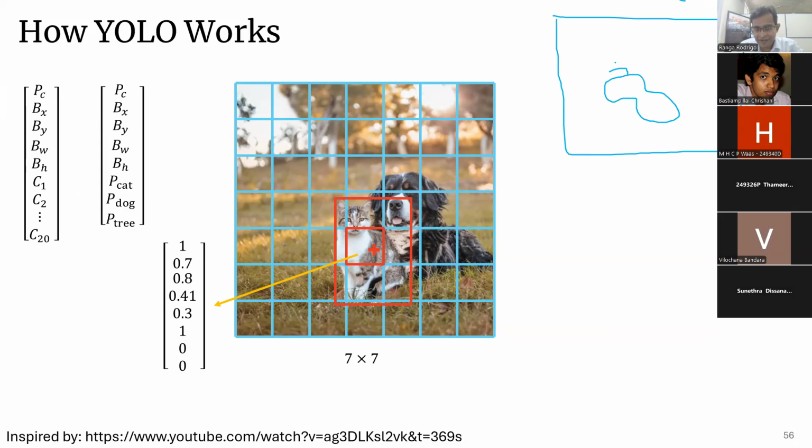So the ground truth image would have this bounding box, the center coordinate and the width and the height. That's the ground truth box I'm drawing here. The center of that ground truth box falls in this particular cell. Now that cell is responsible for detecting that cat.